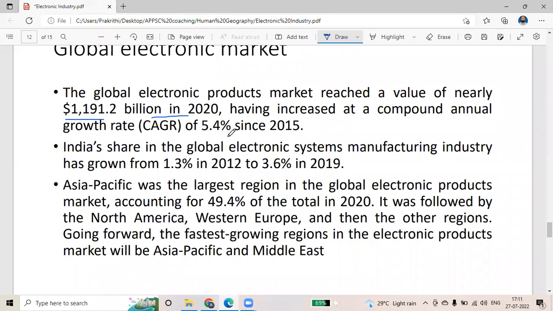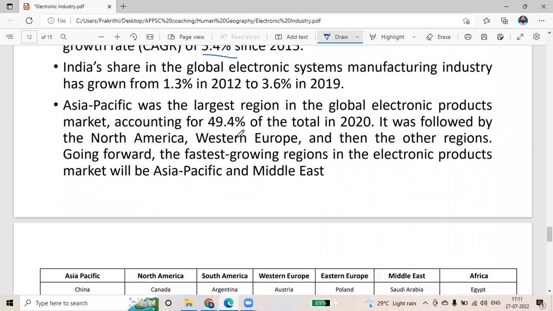Almost 5.4% increase during 2015, and it's India's contribution, if you look, it's only 3.6% है. तो बोलने में बहुत कम है India's contribution.